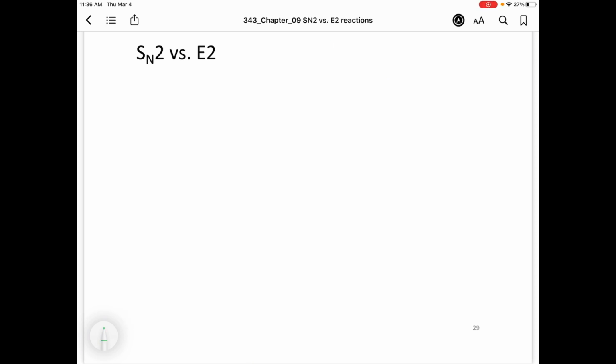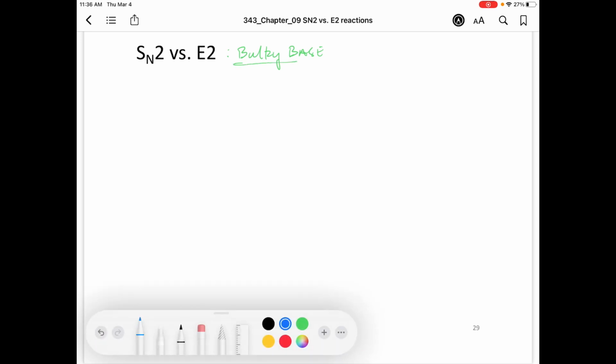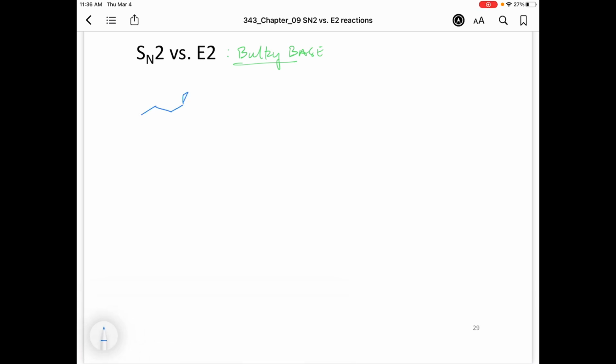All right, let's talk about one more thing about this bulky base. So I showed you a reaction where SN2 could be favored, but I want to talk a little bit about the regioselectivity of this reaction with the bulky base. Let's draw in this secondary alkyl bromide.